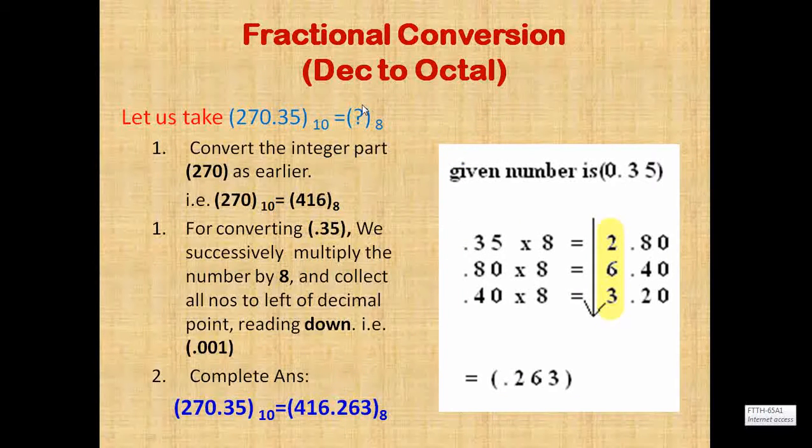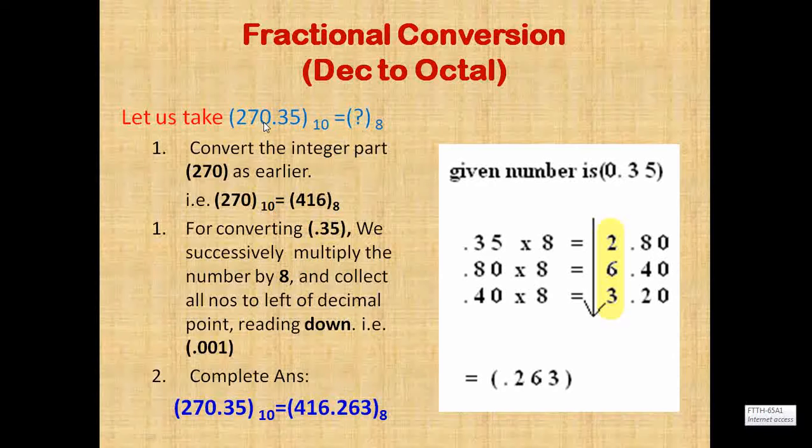Now in this slide we will see how to perform fractional conversions from decimal to octal, and then in the next slide we will see how to do octal to decimal fractional conversion. So let us have 270.35 at base 10, and we have to find its octal equivalent.